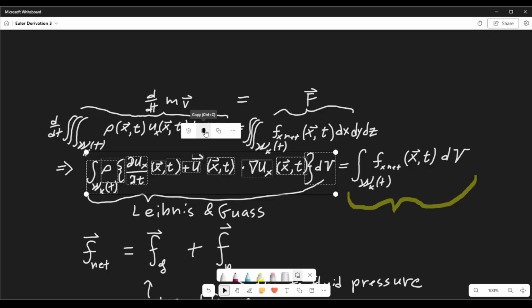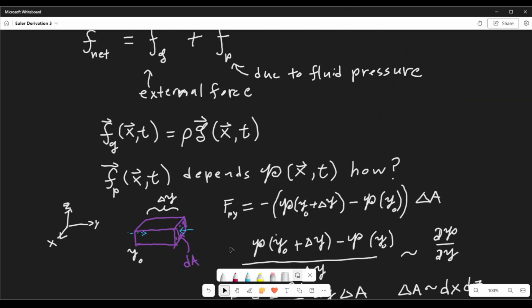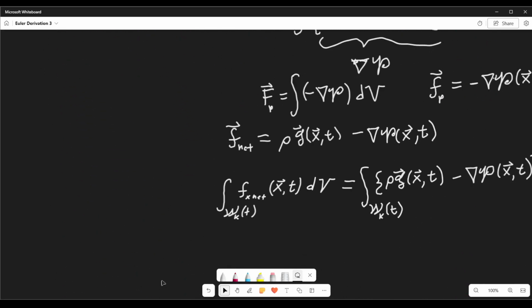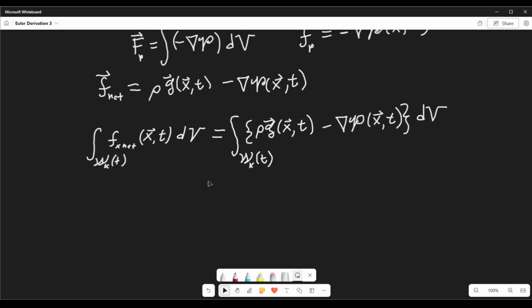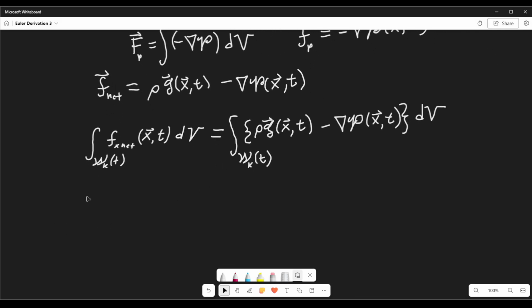And copy this. Because this thing is going to equal the first term. I forgot how to paste.